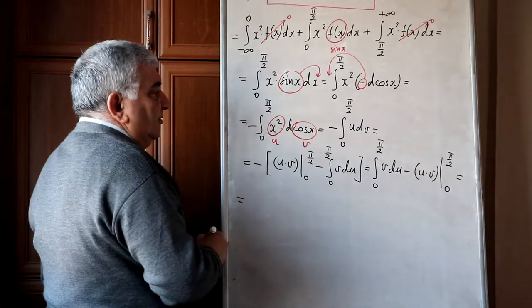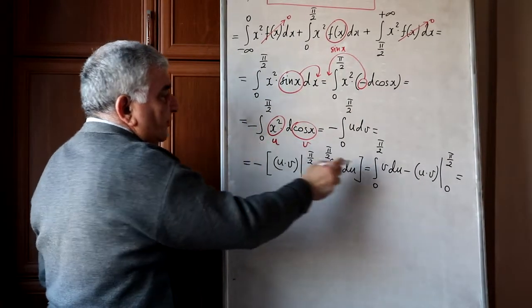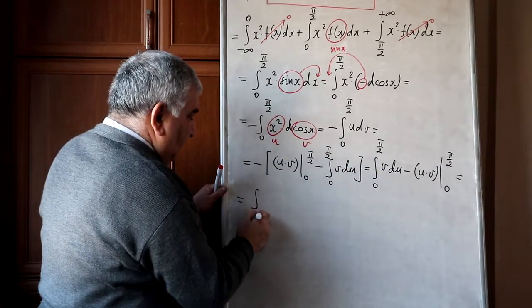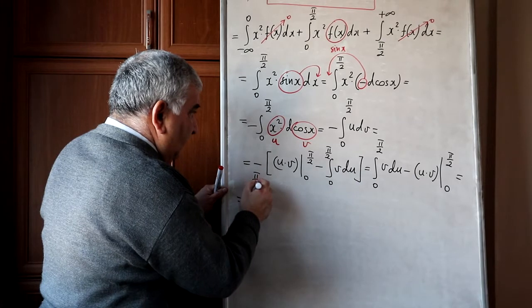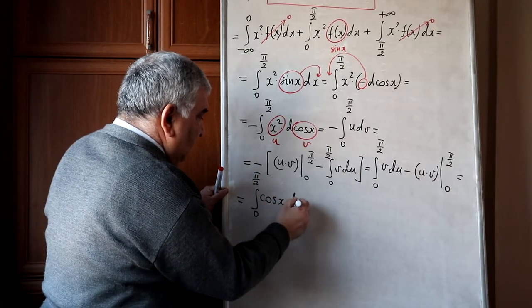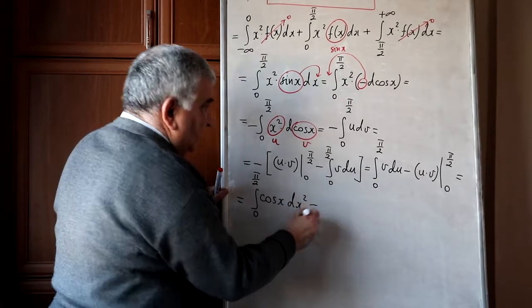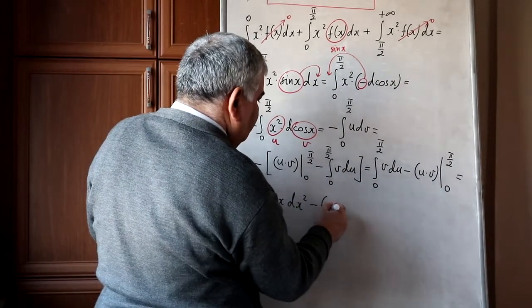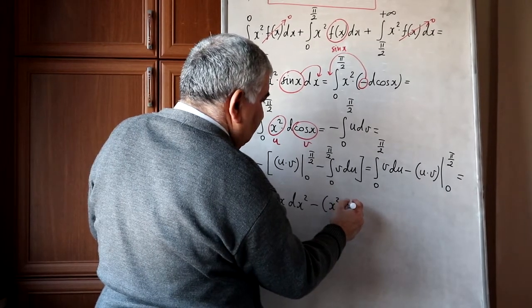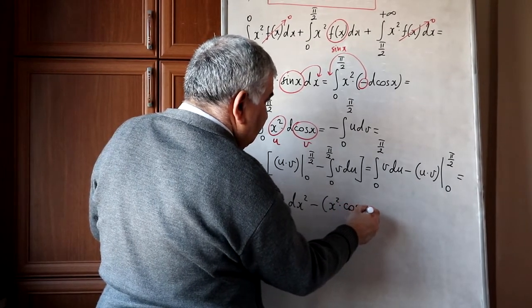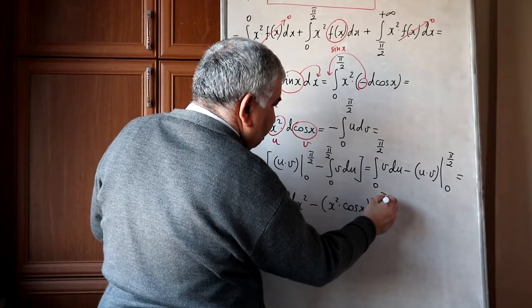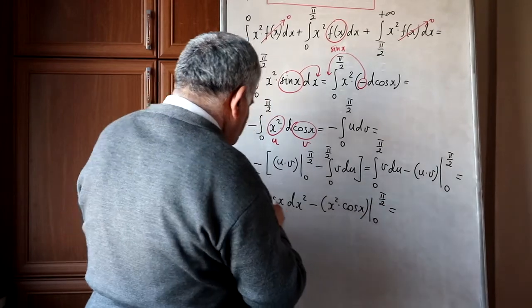Then substitute x squared instead of u and cosine x instead of v. Integral from 0 to pi and a half of cosine x dx squared, minus x squared multiplied by cosine x from 0 to pi and a half equals.